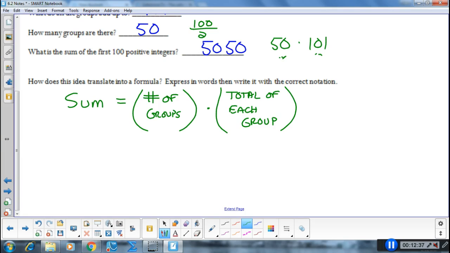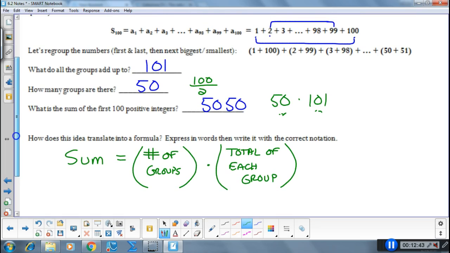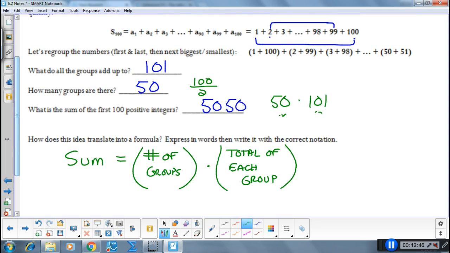Now, let's try and get some more math going on into here. How did Gauss know that there were 50 groups? Each group has 2, and then it was half of the last number, right?